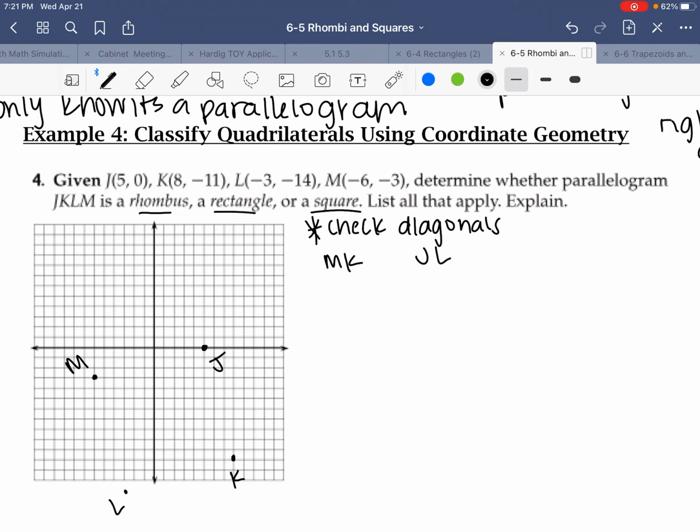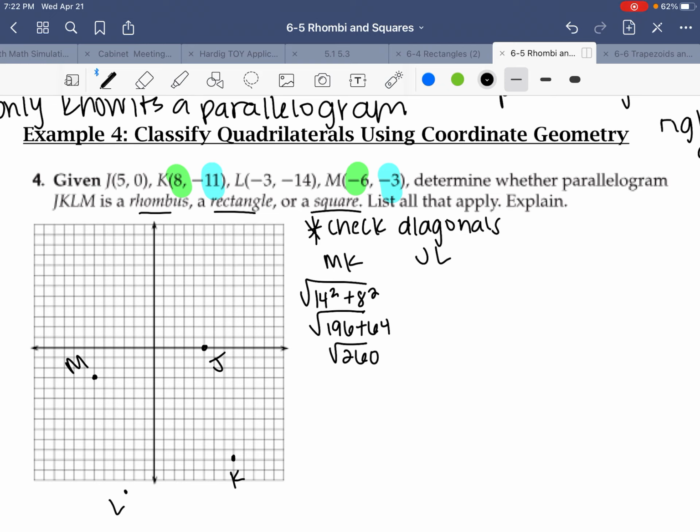When I look at MK and the x coordinates, the distance between them on a number line is 14. And the distance between the y coordinates on the number line is, excuse me, not 14, 8. So we get 196 plus 64, so we have the square root of 260.